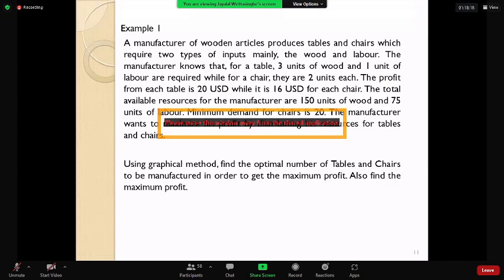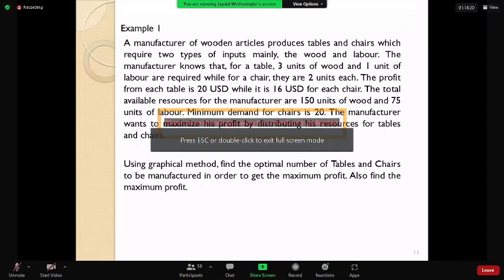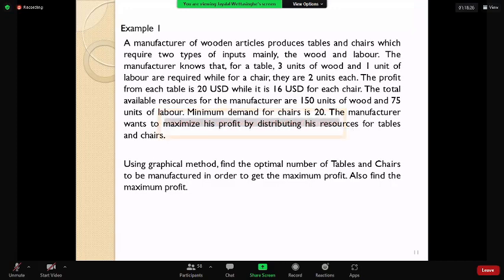So I will post it as an assignment in the Google Classroom, then you can do it and send me the solution. Okay, because we could not cover that today because of the disturbance that we had due to the power failure.